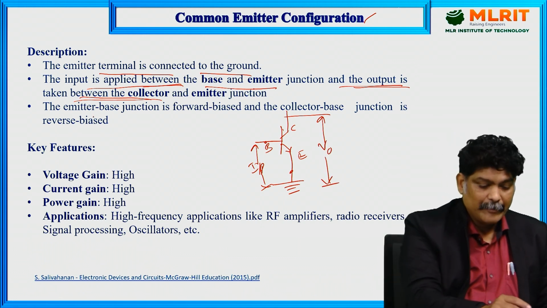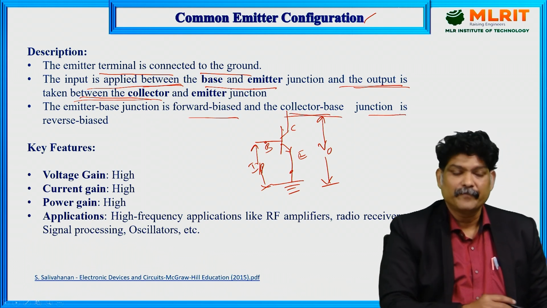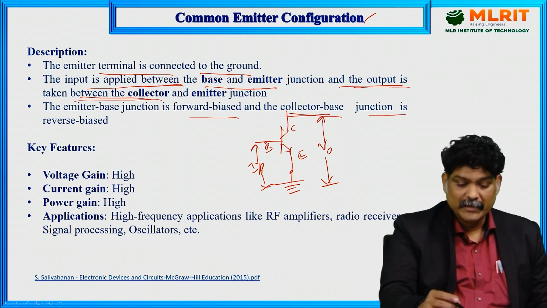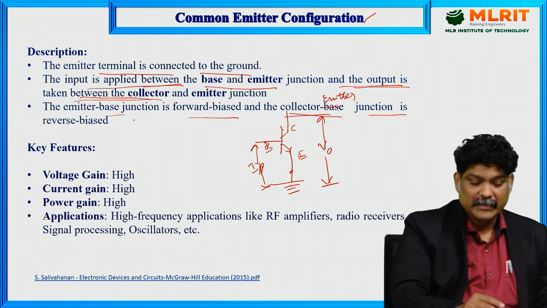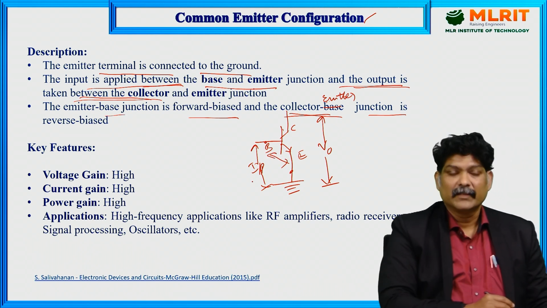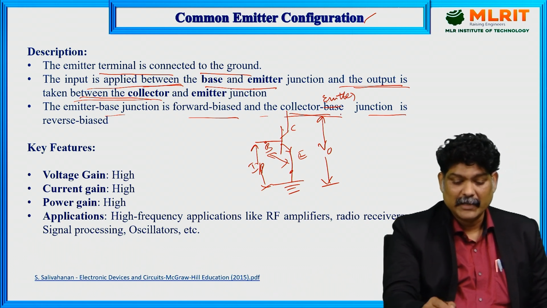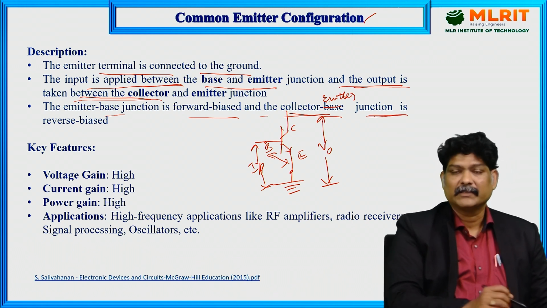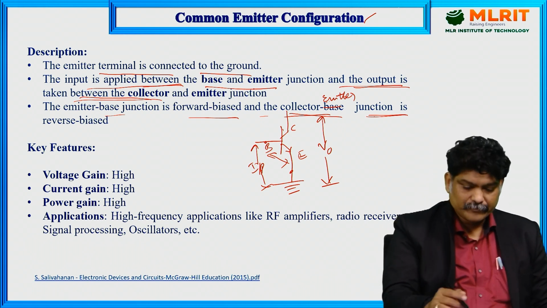The input junction, that is, the emitter base or base emitter junction, is forward biased, and the collector emitter junction, the output junction, is reverse biased. So this is the setup for amplification of the signal.